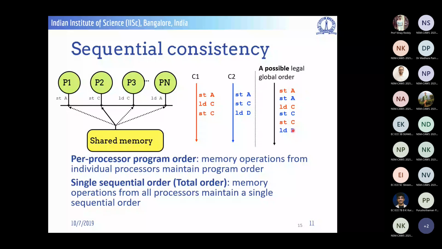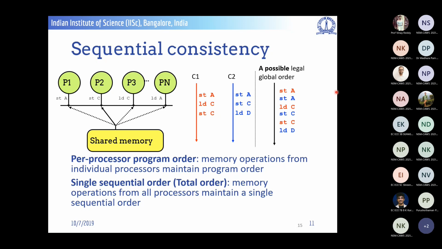Now this is a sequentially consistent ordering, because first of all there is a global order, and in that global order the order in which each thread's load stores come is the same as the order within each thread. That's the program order.